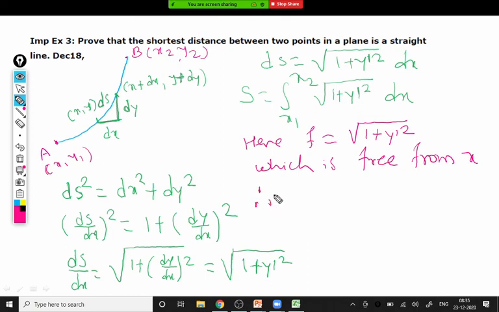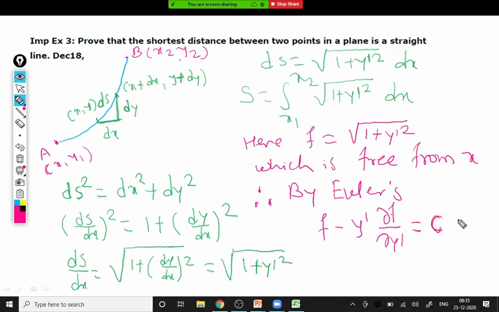Therefore, we are not going to take the first Euler equation. I am going to write the second, and that equation is f minus y dash into dou f by dou y dash is equal to constant. We are going to solve this equation because it gives a simple calculation. Remember, you can solve this problem by the first Euler equation also, and you will get the same answer.